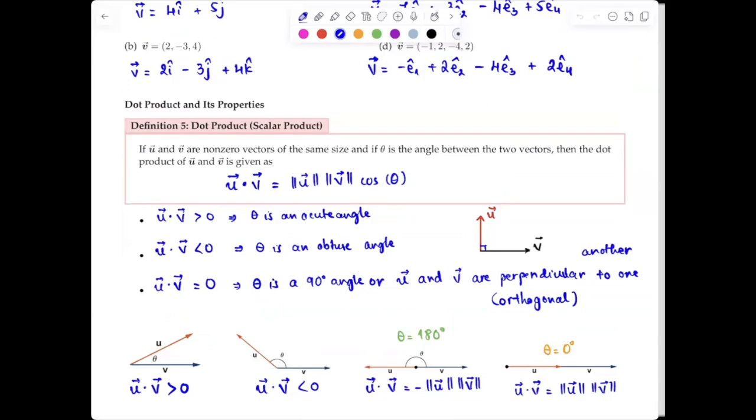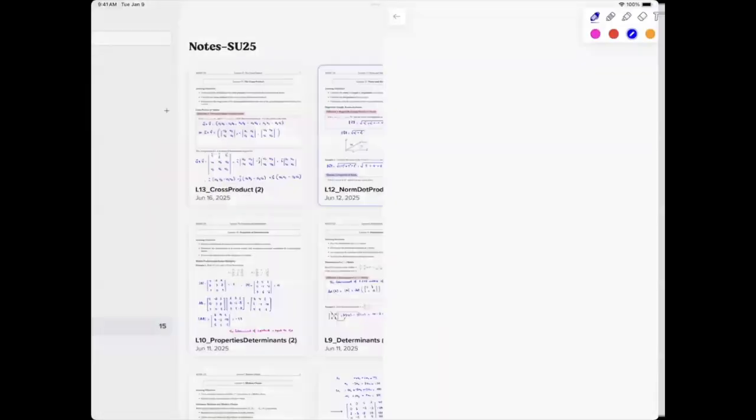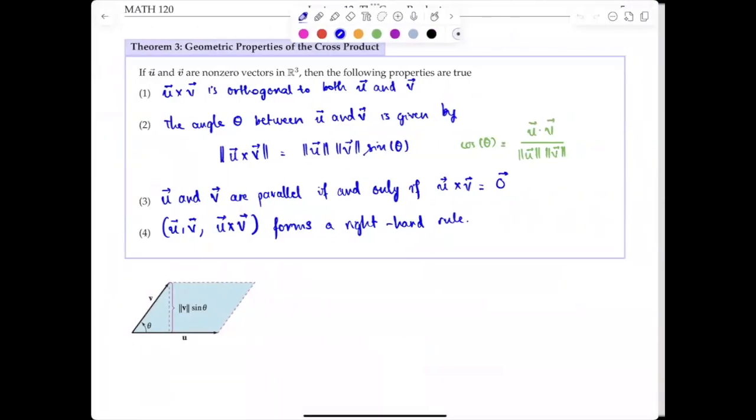You can have an acute angle. You can have an obtuse angle. The angle can be 90 degrees. The angle can be 0 degrees, and the angle can be 180 degrees. So again, you have a different way to calculate the angle and also use that to identify if the two vectors are parallel to one another or not.